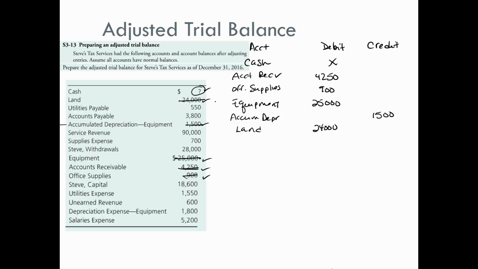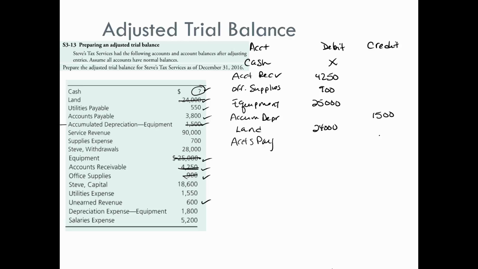And so next would come our liabilities. So we're looking for things with payable in the name: utilities payable, accounts payable, unearned revenue is a liability. I think that's all of them. So I always put accounts payable first. Liabilities have a credit balance, not debit.